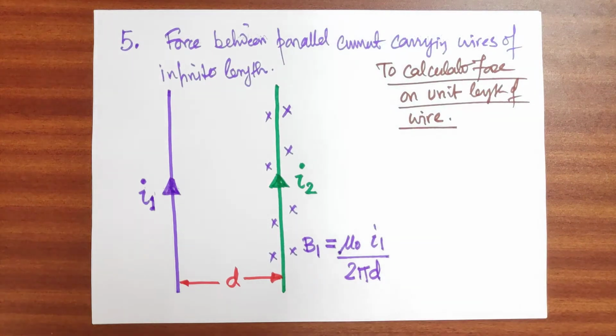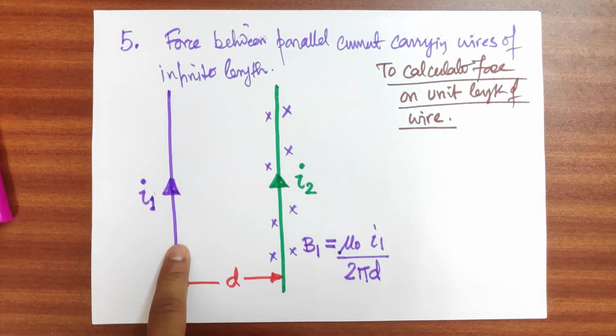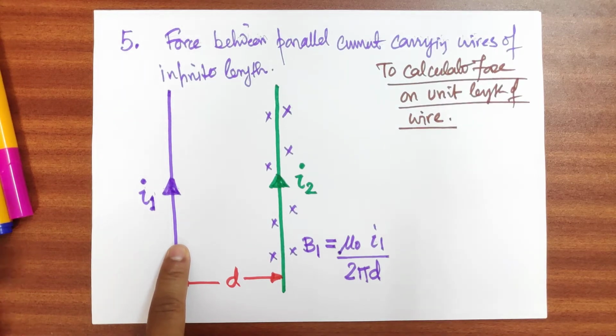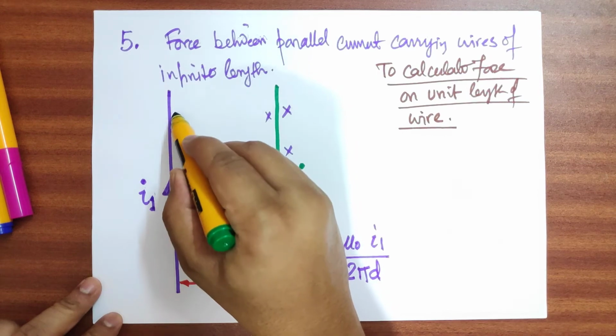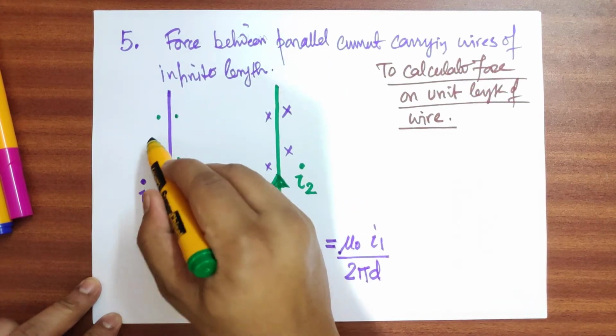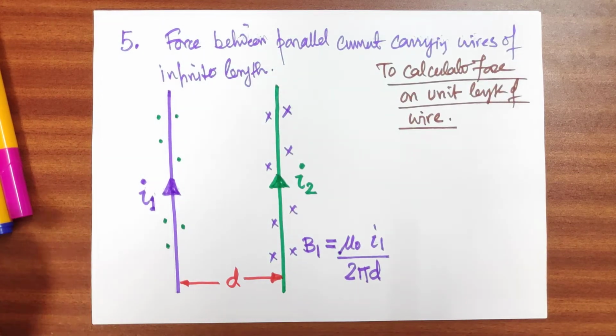You could have found it like this also. Due to this green wire, the field in the vicinity of this purple wire will be a dot and the magnitude will be mu naught I2 by 2 pi d.